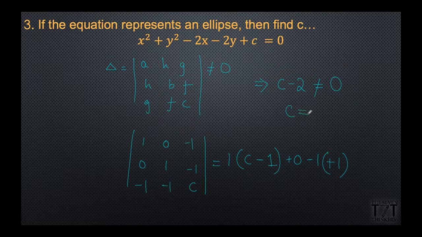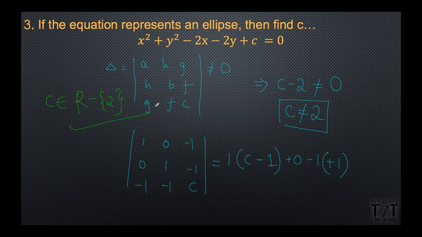Hence C will not be equal to 2. Now C is not equal to 2, hence C will belong to all real numbers except 2, and this is the value of C.